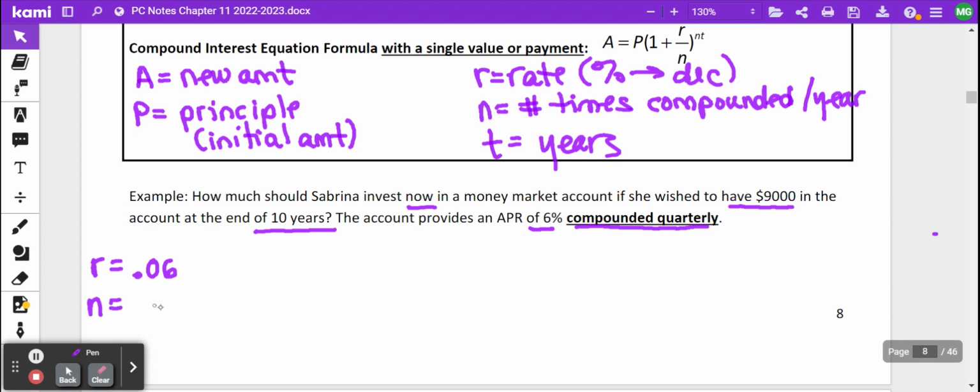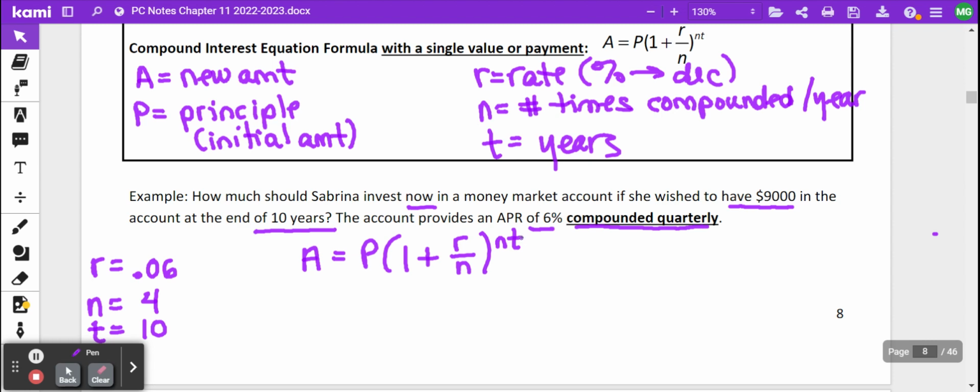N is the number of times per year she's going to get paid, and it's quarterly, which means 4 times. And T, well, we know she wants to keep that money in there for 10 years. So looking at our equation, we would write our equation like this, and then we'll drop our numbers in. So there's our equation.